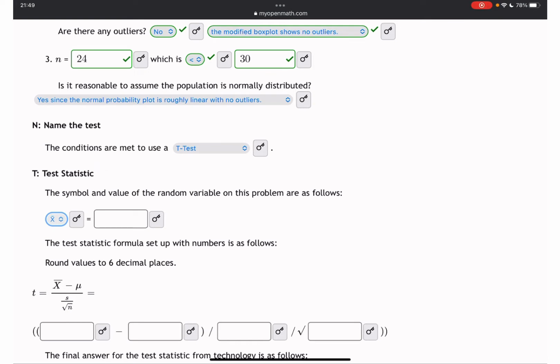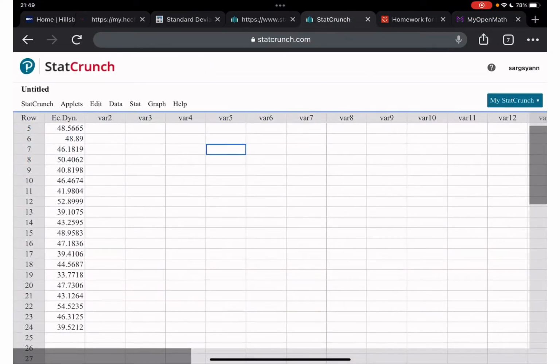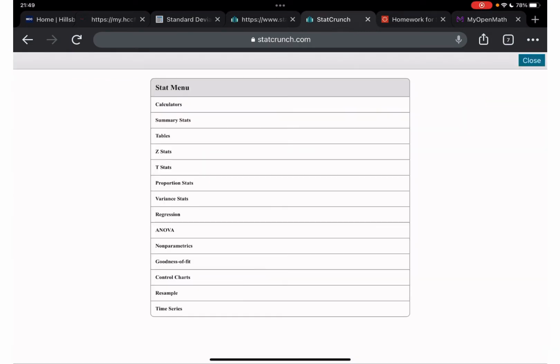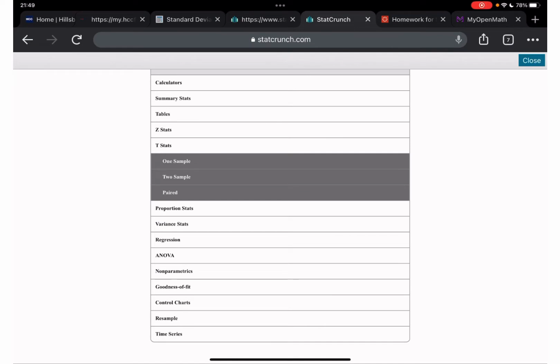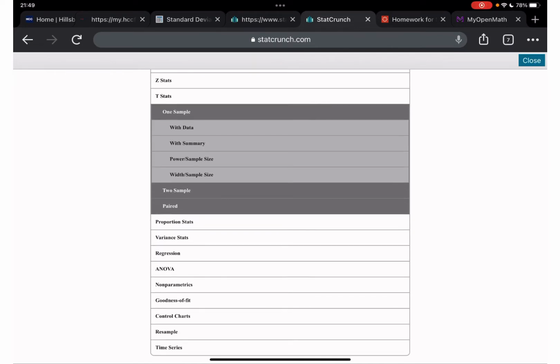Okay, how to find x bar? We are going to StatCrunch. Since we are given data, I'm going to Stat, T-stat, see here, T-stat. One sample, because we have only one sample. And I'm using With Data because I have raw data, right? If I were given the average of the sample and all other data I need, then I would use Summary.